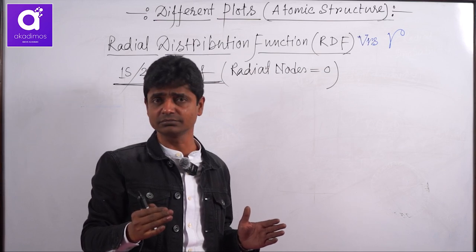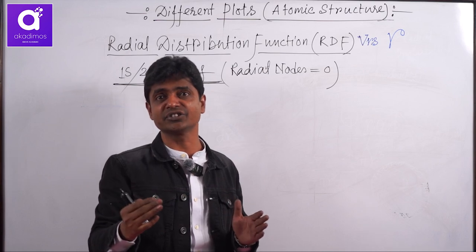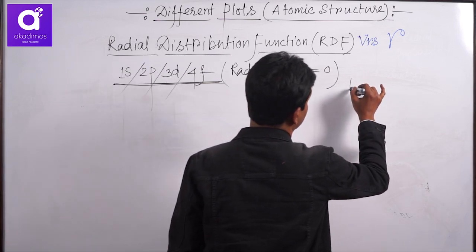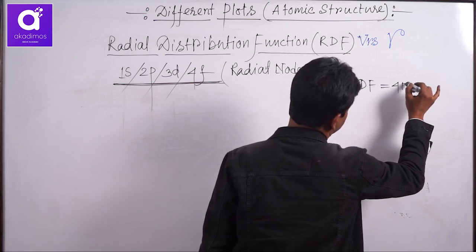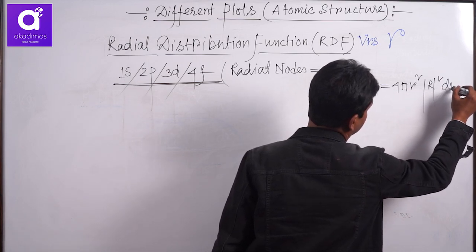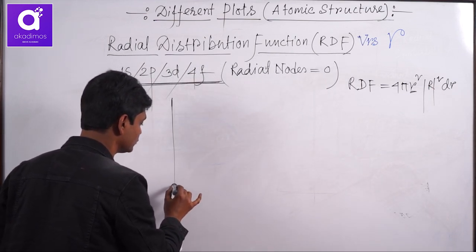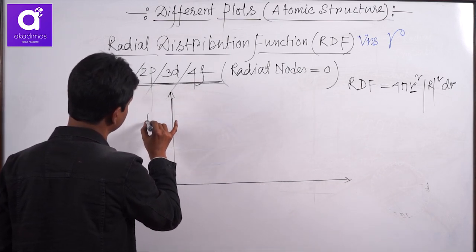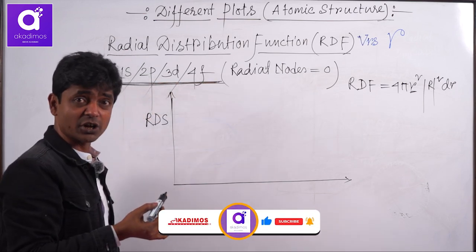And I told you many times, all are 0 at the origin when you are taking the radial distribution function, due to the small r in 4 pi r squared dr. Due to this r all are at 0. Now I am taking this radial distribution function; the qualitative nature of the plot is the same for all.